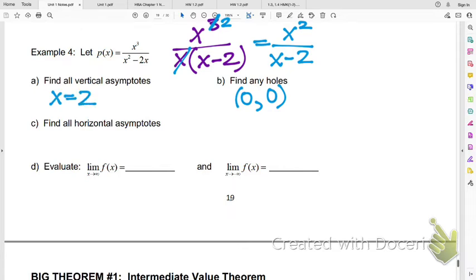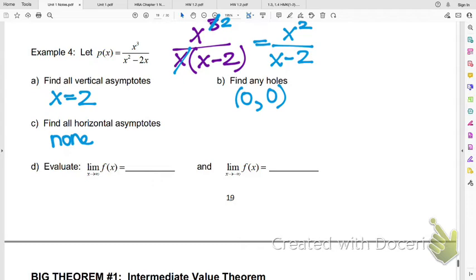Horizontal asymptote is what? None. Now, we talked about horizontal asymptotes that are none last year, and that meant that we always had a slant asymptote. I'm not going to make you find them. It just means that we might have to see what's going on in the graph to answer the infinity and negative infinity limits.